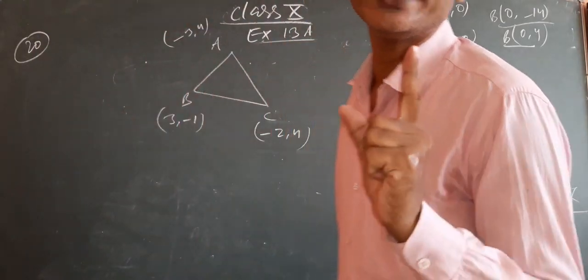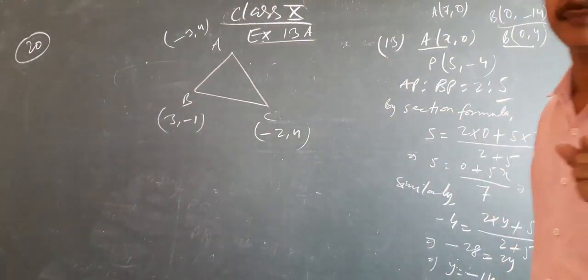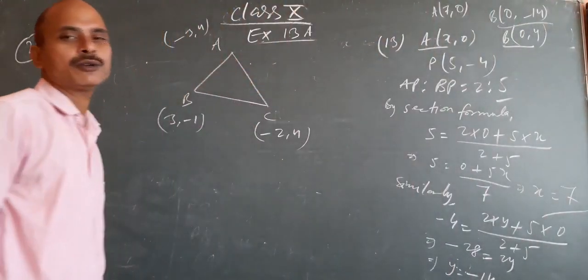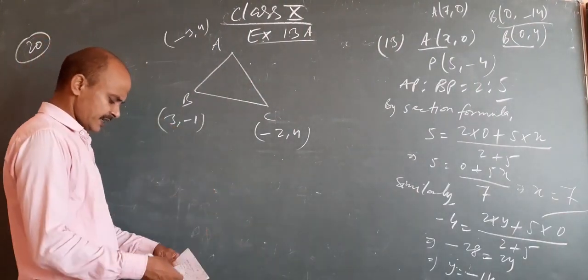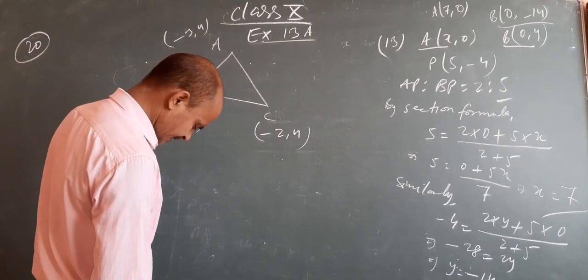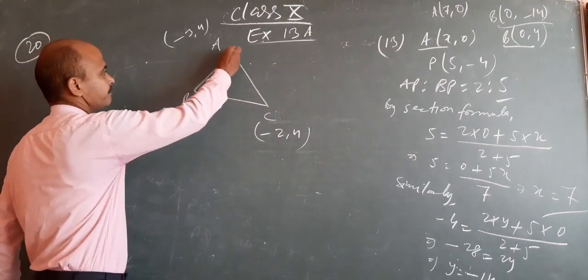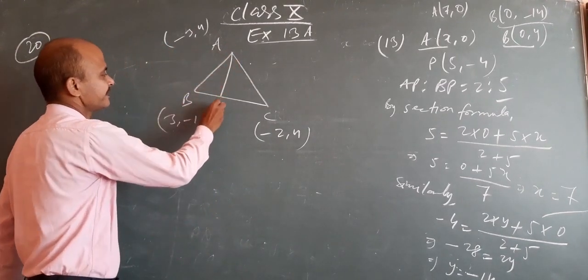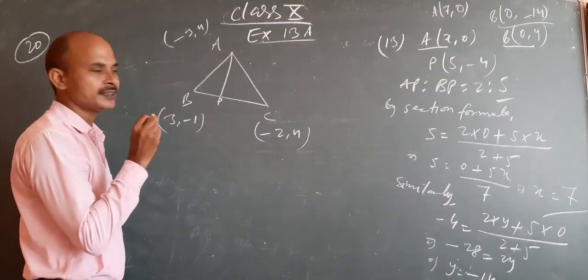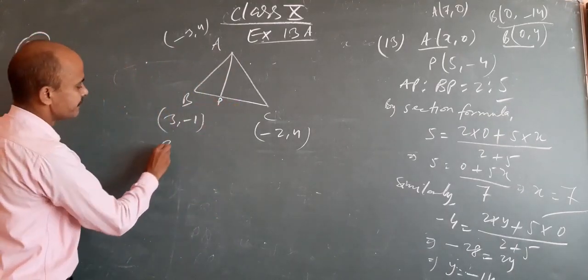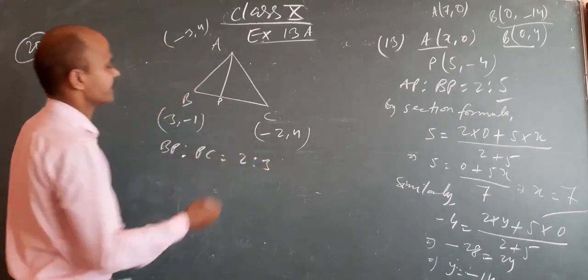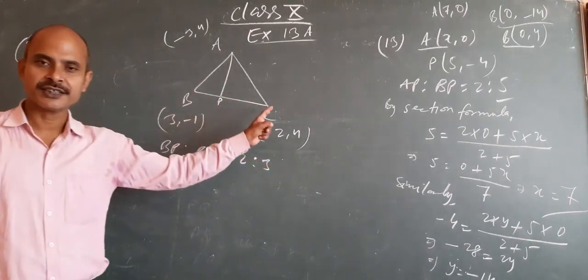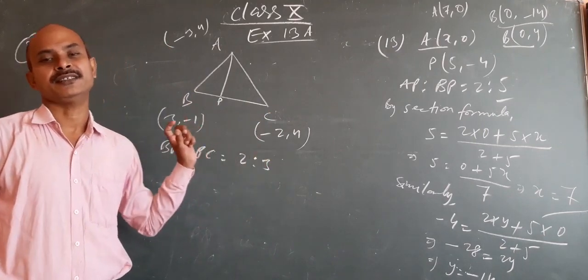P is a point on BC in such a way that P divides BC in the ratio 2:3. This is point P, such that BP is to PC is 2:3.